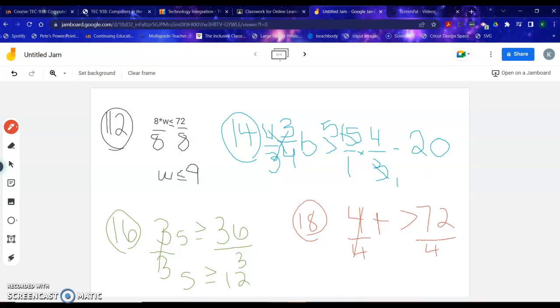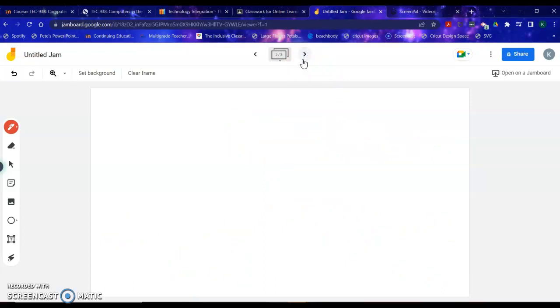And then 72 divided by 4 is going to leave us with t is greater than, I believe that is 18. This is 18.